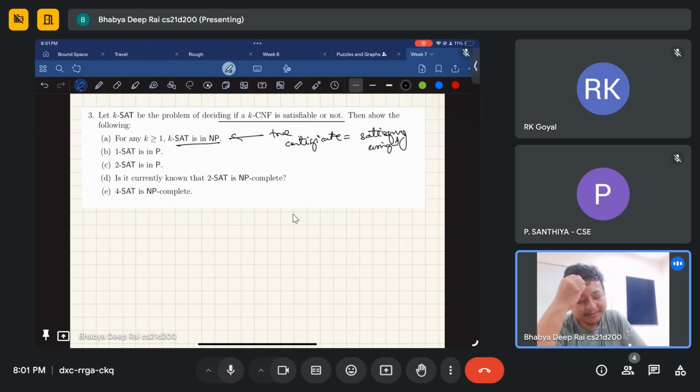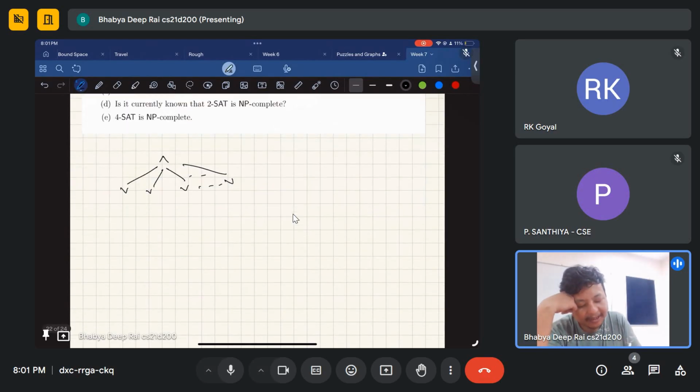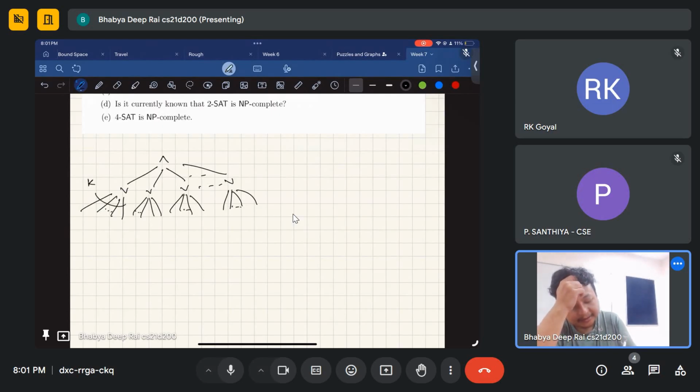Now, what does K SAT mean, by the way? K SAT means that you have a CNF where instead of 3 CNF, where every OR has 3 elements, you can have something like 4 or 5 or whatever, K many elements. K inputs or variables.